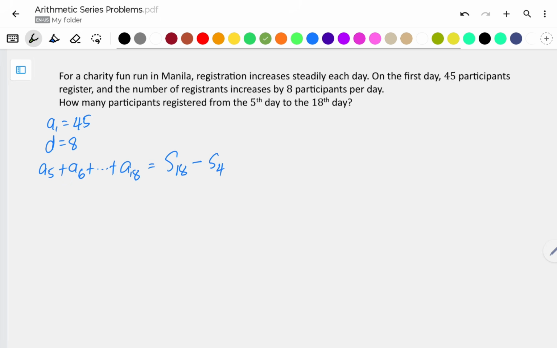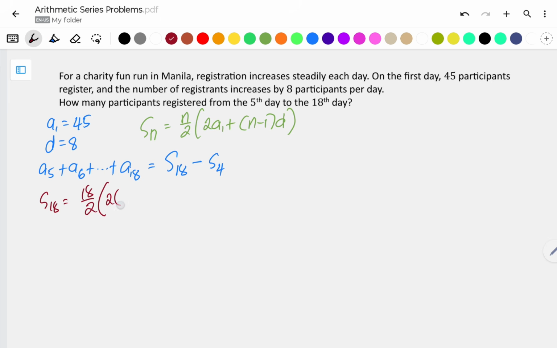We'll still use the same formula here. S sub n equals n over 2 times 2a sub 1 plus n minus 1 times d. So first, S sub 18 is 18 over 2 times 2, a sub 1 is 45 plus 18 minus 1 times the common difference, which is 8.